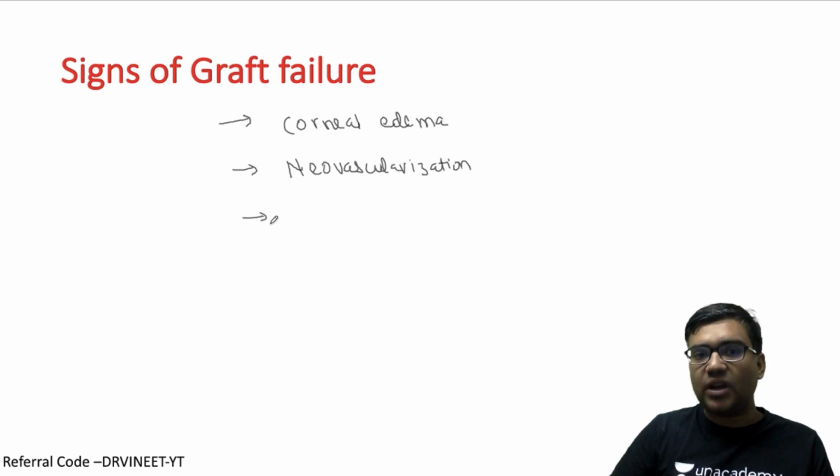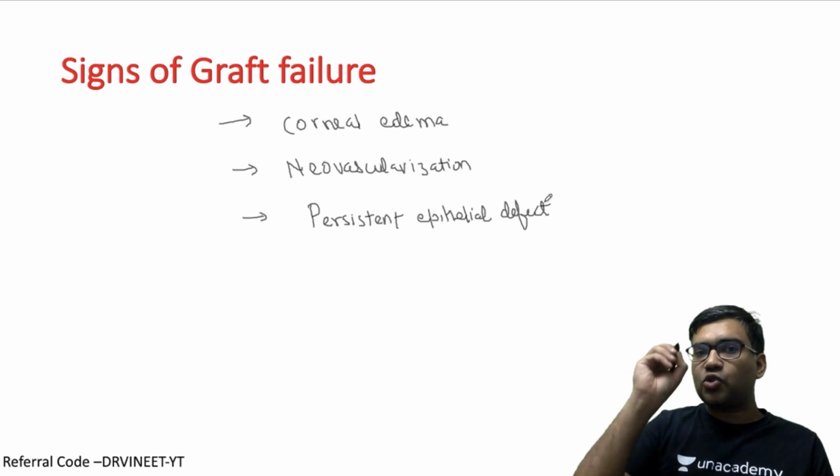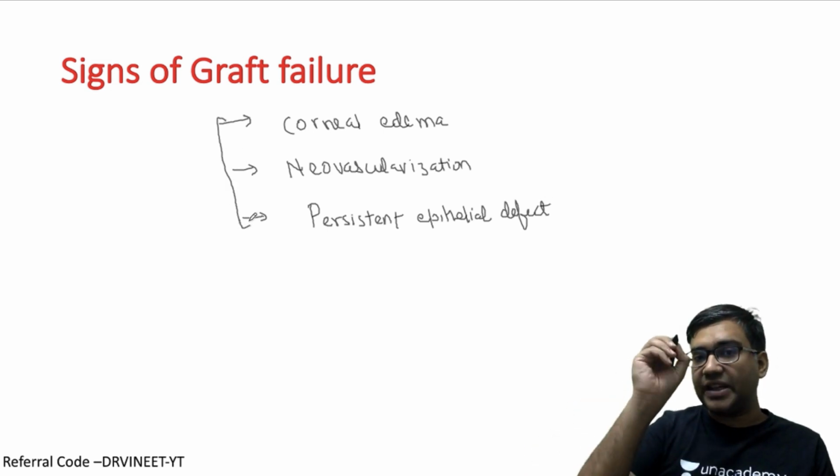The third thing you have to see is persistent epithelial defect. Okay, so these are the initial signs of the graft failure.